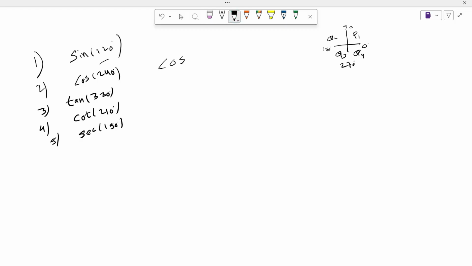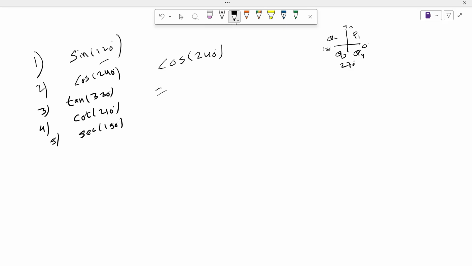Cos of 240 degrees. Which quadrant does this 240 degrees fall into? It is from 180 to 270, so it falls in quadrant 3. In quadrant 3, which are positive? Tan and cot are positive. Tan theta and cot theta are positive in quadrant 3, and all the other ratios will be negative.